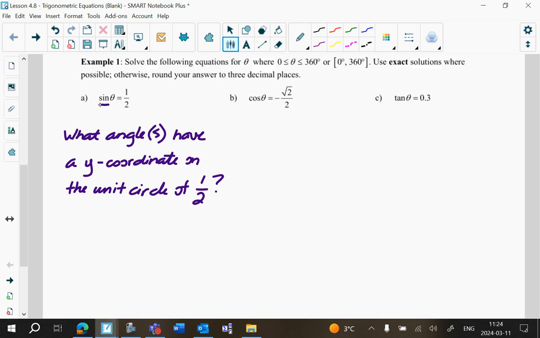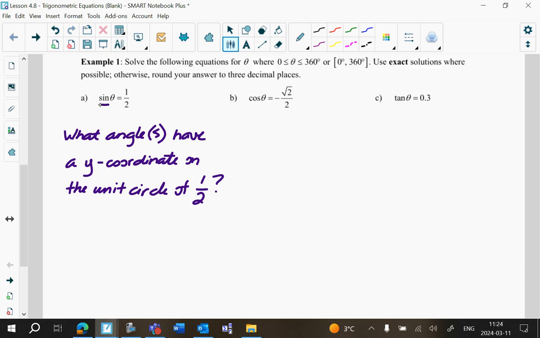Sine tells us that when we use the unit circle, we're going to look at the y coordinates. What angles on the unit circle, when you look at their corresponding points on the circle, have a y value of 1/2?